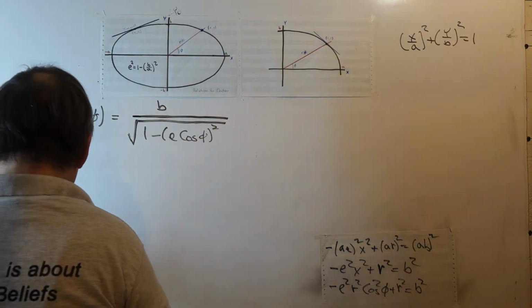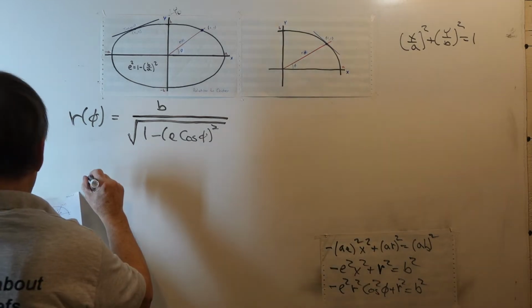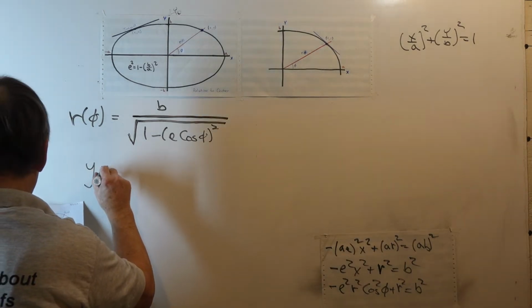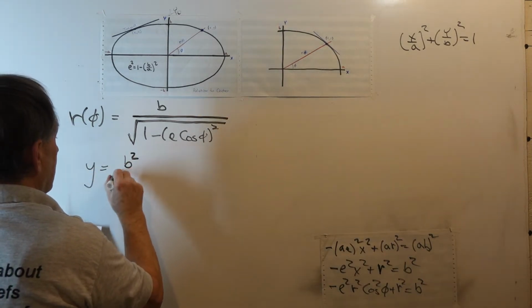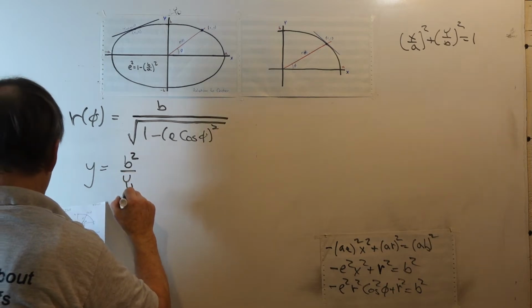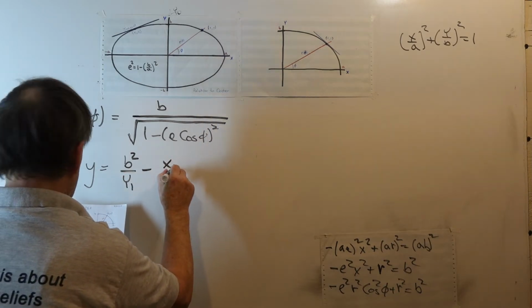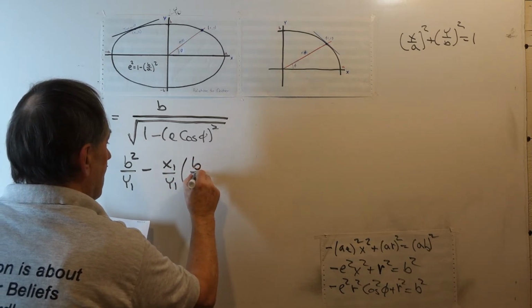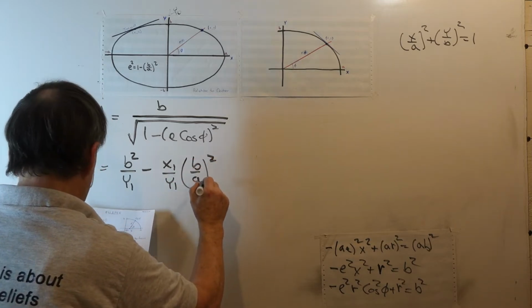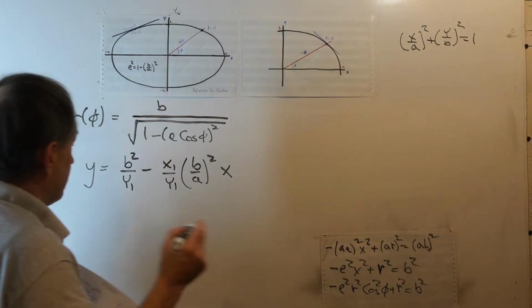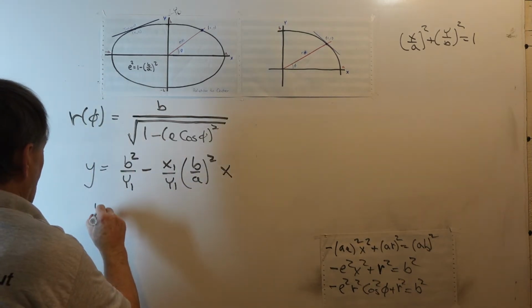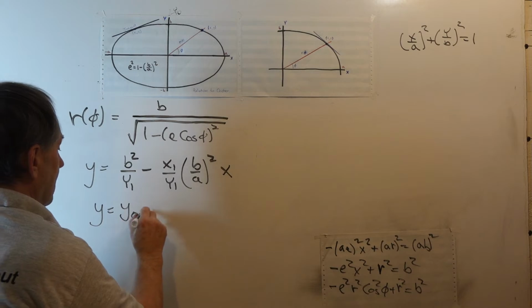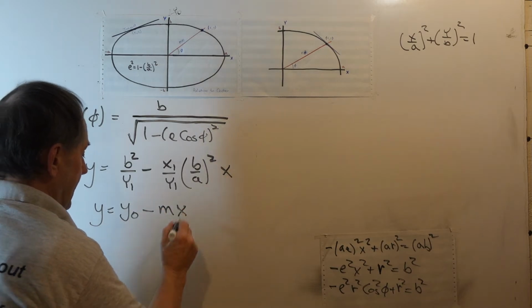The equation for the tangent is that y is equal to b squared over y1 minus x1 over y1 times b over a squared x. This is the equation of a line. y equals y0 minus mx.